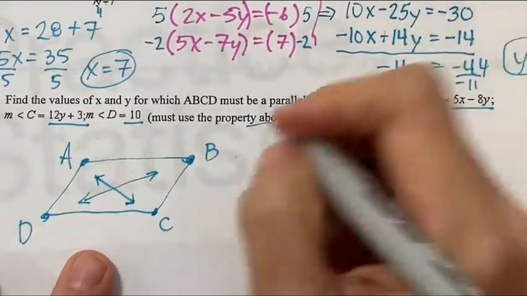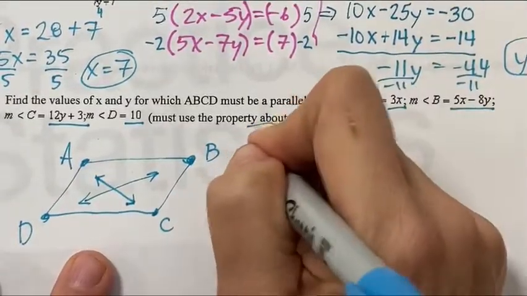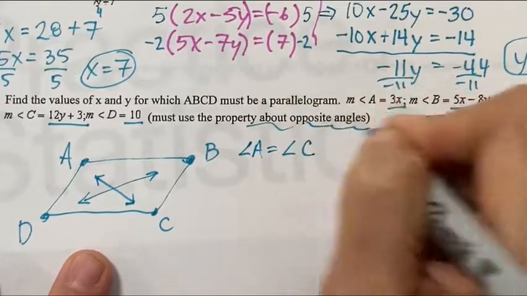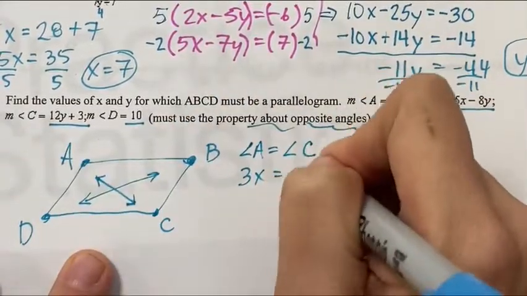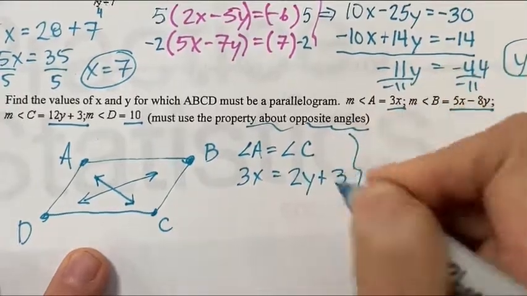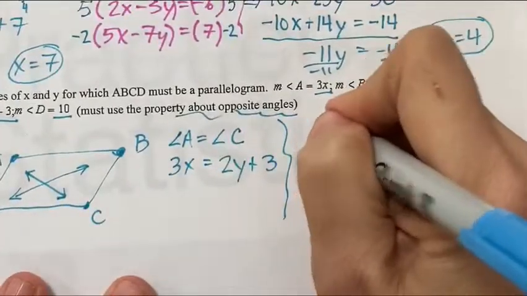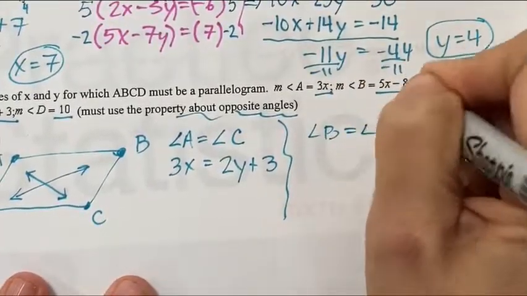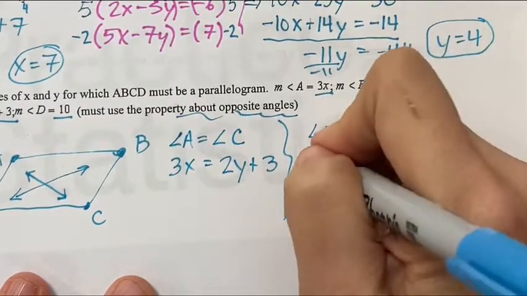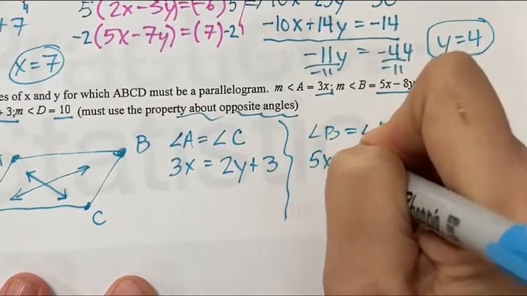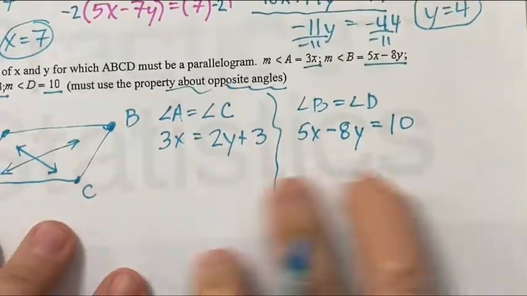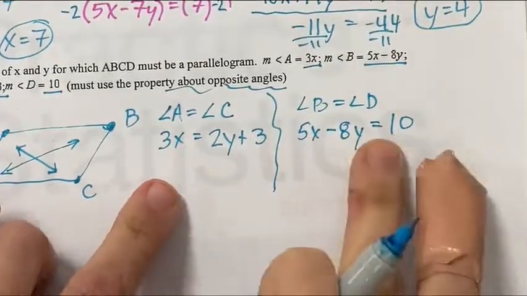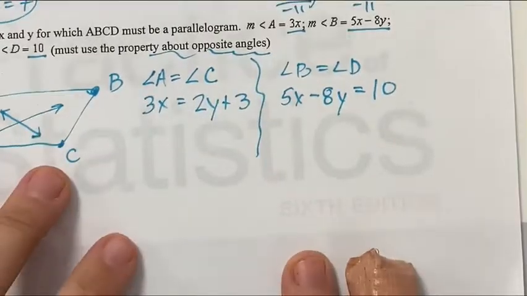Angle A has to match angle C. So 3x has to match 2y plus 3. And angle B has to match angle D. So 5x equals 8y. Okay, once again, I don't have a way of really getting x or y by itself on one side.